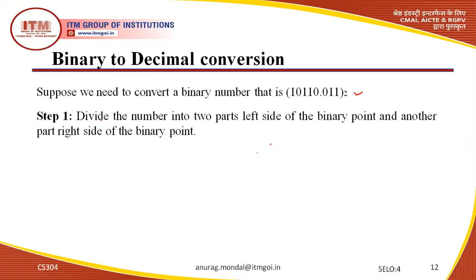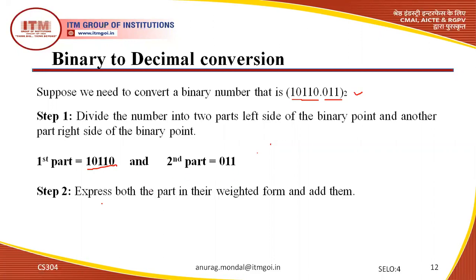So first step is divide the number into the two parts again. The left part is before the decimal point, and the second part is after the decimal point, but here we don't take the decimal point, the binary point over here. Okay, now the first part is the left hand side of the binary point, second part is the right hand side.